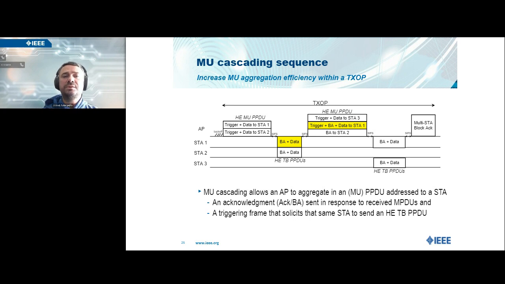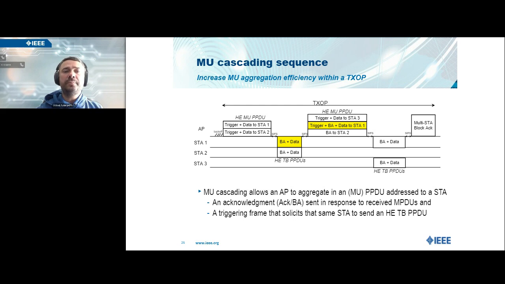This particular sequence requires a little bit more processing power from the access point, because in a particular sequence you are going to find not only the data from the station, but also an acknowledgement for your downlink data. And then it is going to be followed by a trigger that needs to contain the block acknowledgement for the previous data and eventually other data to the same station.